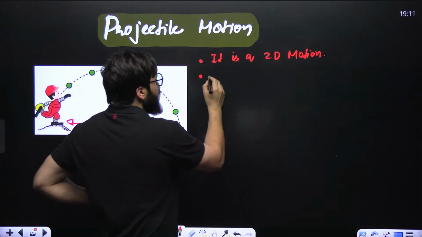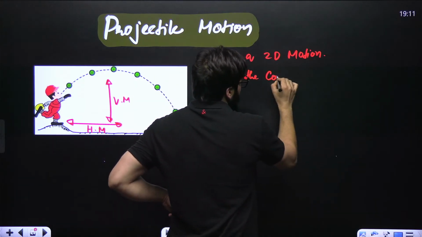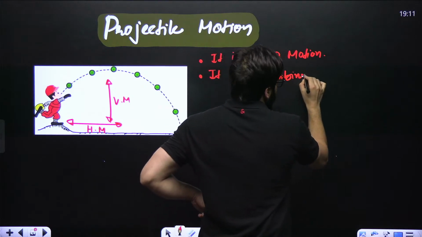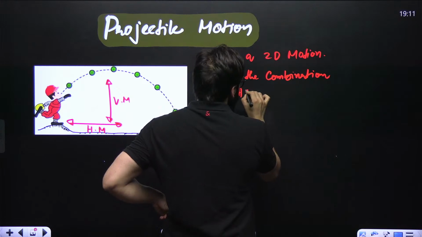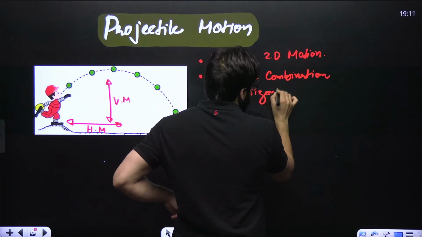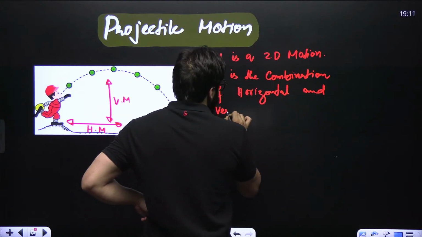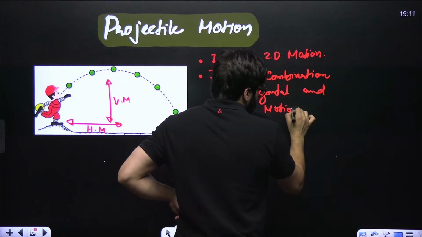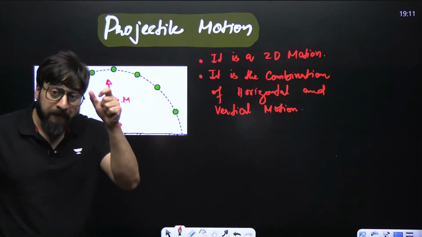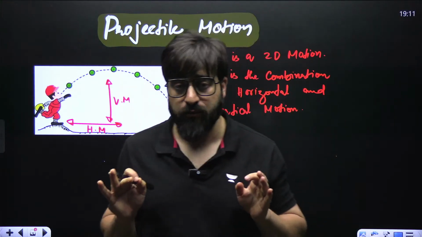So I'll write over here, it is the combination of horizontal and vertical motion. When you combine horizontal as well as vertical motion, it forms the projectile motion.